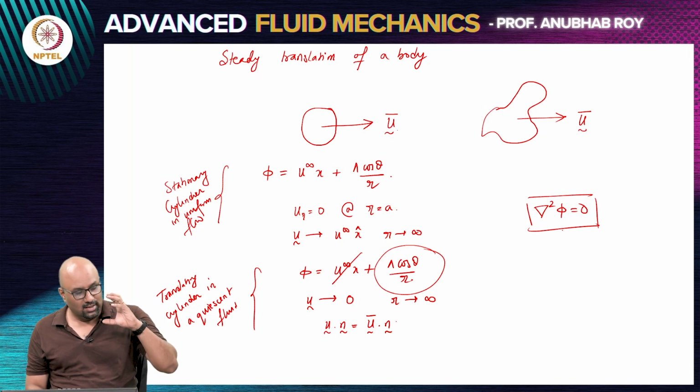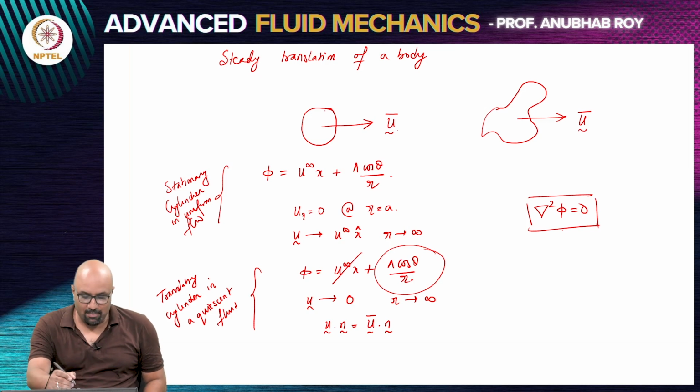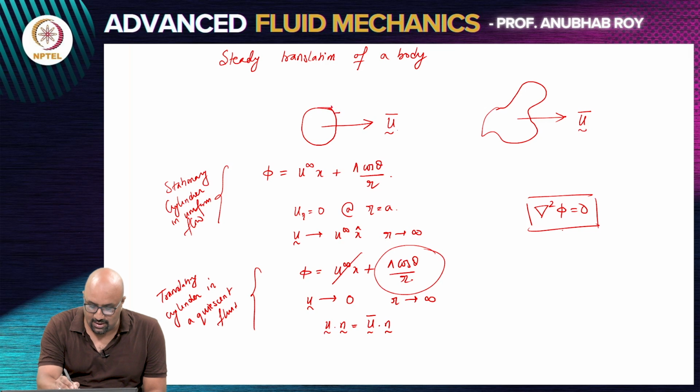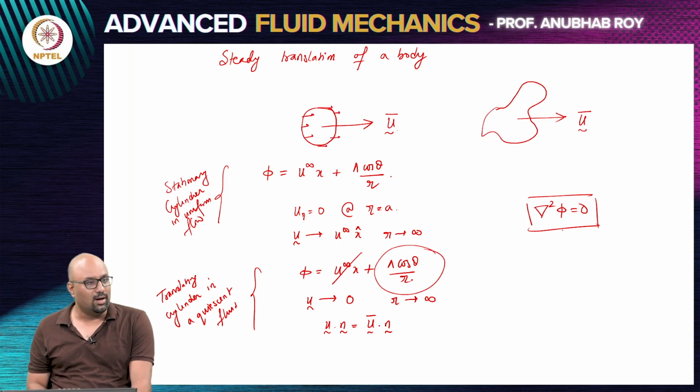So, the body is trying to move with some velocity. The body has a velocity, it is a rigid body, it has a velocity u bar. So, at any point on the surface of the body, the velocity is always u bar everywhere, it is a rigid body. So, every point on the body is moving with the velocity u bar. So, the normal component at any point on the surface of the body is u bar dot n.